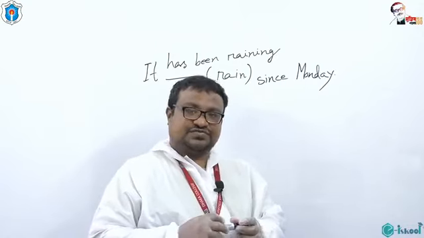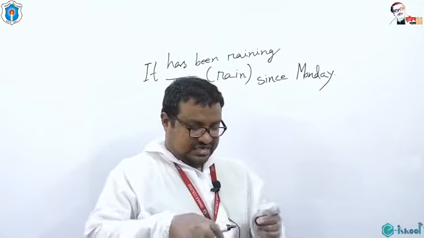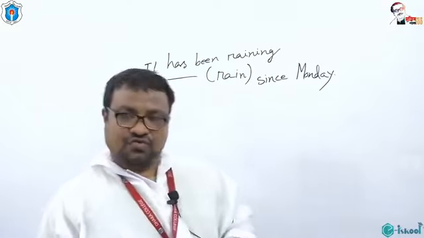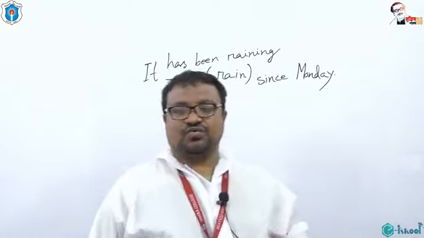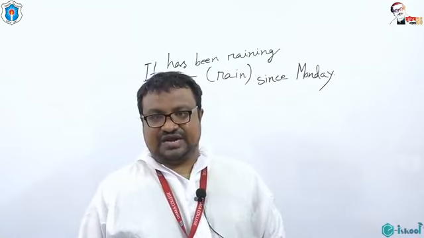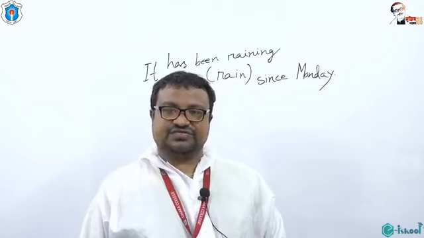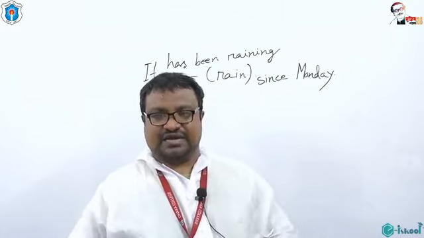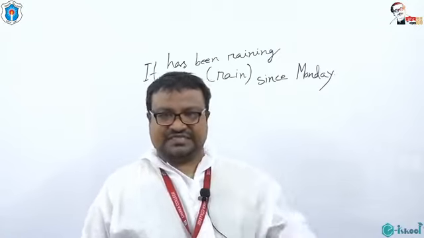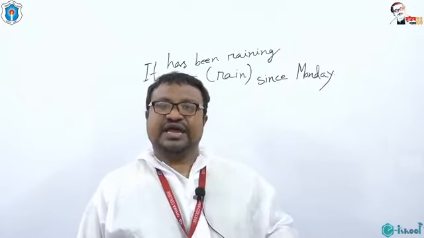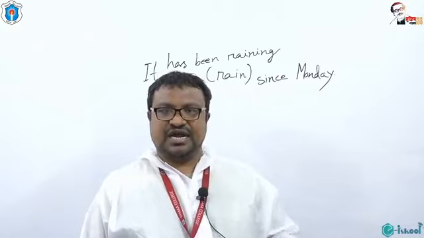So what is the difference between using since and using for? In case of for, we don't know which particular time we are referring to, but in case of since, we know that we are referring to this span of time, that is since Monday, very specific. But for which 3 hours it has been raining, we don't know, and that's why we are using the word for.